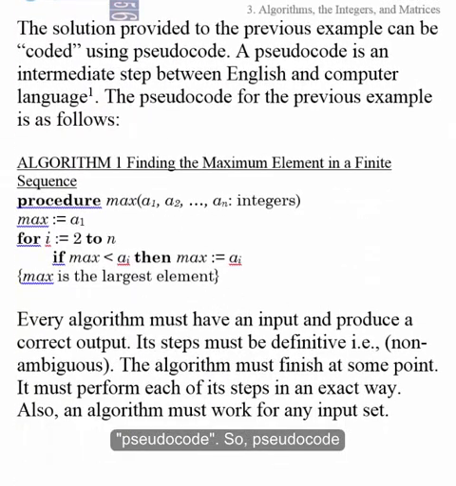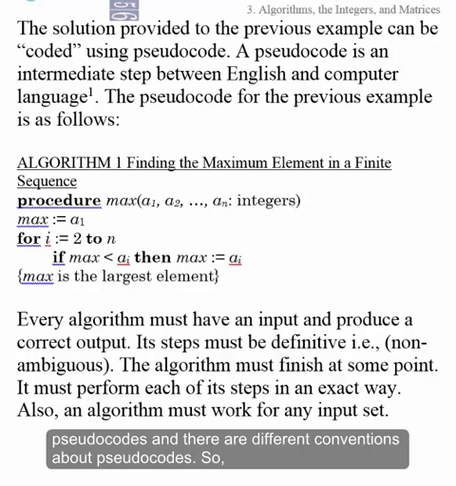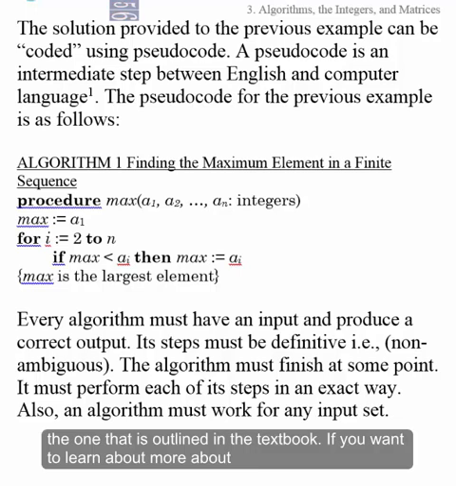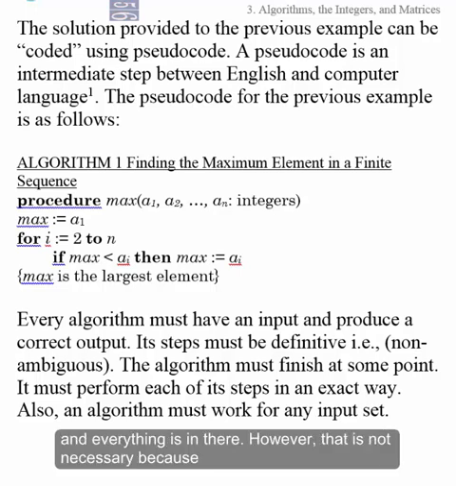Pseudocode is a set of conventions that you use to describe an algorithm. Now, there are different kinds of pseudocode, and there are different conventions about pseudocode. The one that we'll follow in this chapter is the one that is outlined in the textbook. If you want to learn more about those conventions, you can go to appendix number 3, and everything is in there.